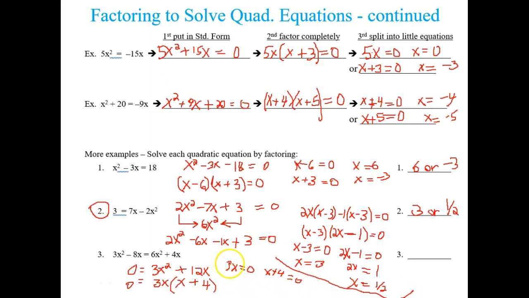Okay, and then in the first case, I would divide both sides by 3, and 0 divided by 3 is still 0. And in the last case, I would subtract 4 from both sides, so x would be negative 4. So my two solutions for the third problem are 0 and negative 4.